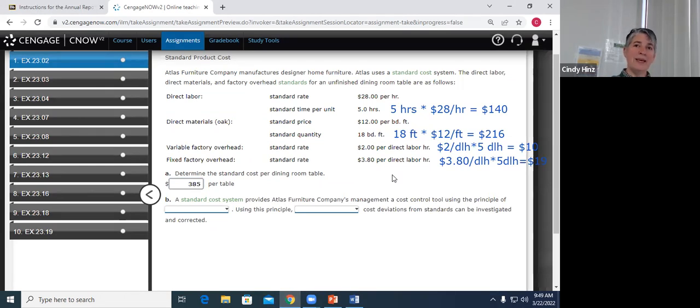And so as we're making each table, it's going to be assigned $385 as it moves through our accounting records. And once we finish the table, we're going to compare that standard $385 to what it actually cost us. And we're going to tease out these variances, 6 sources.